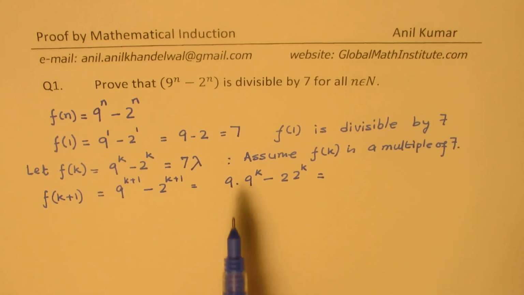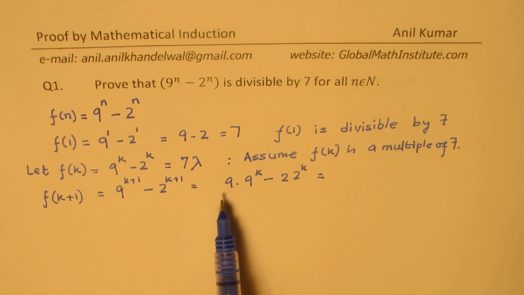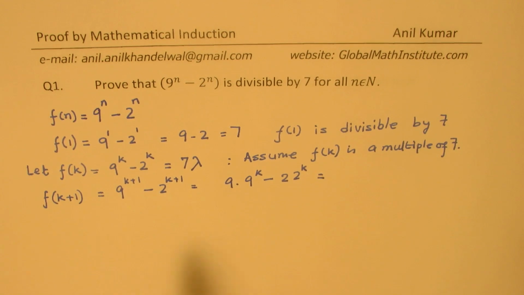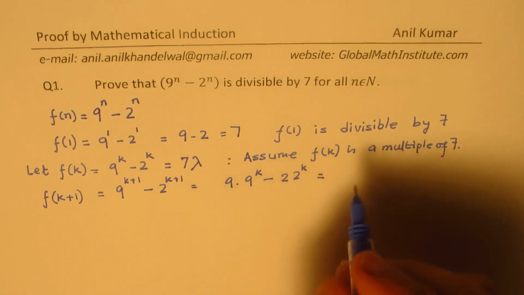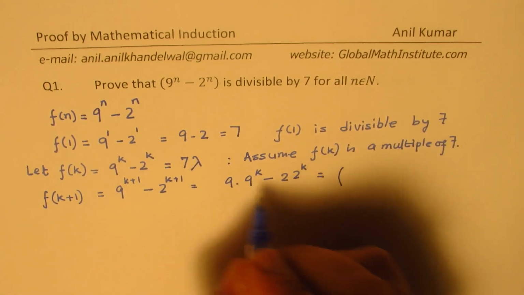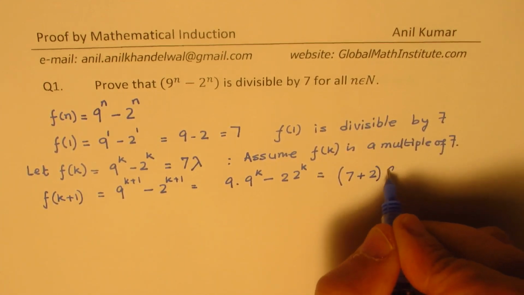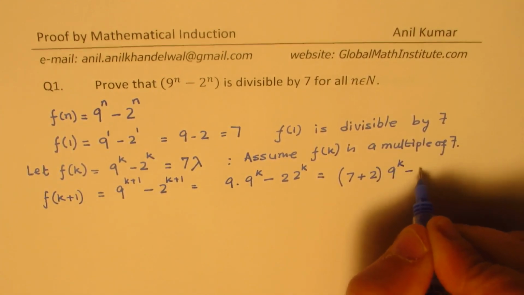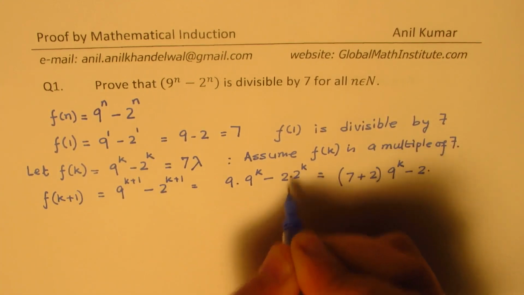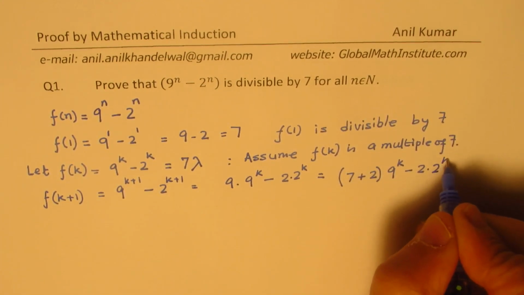Now, we can write 9 as a combination of 7 and 2, right? So I could write this 9 by switching this to 7 plus 2. And we get here 9 to the power of k minus 2 times 2 to the power of k, correct?